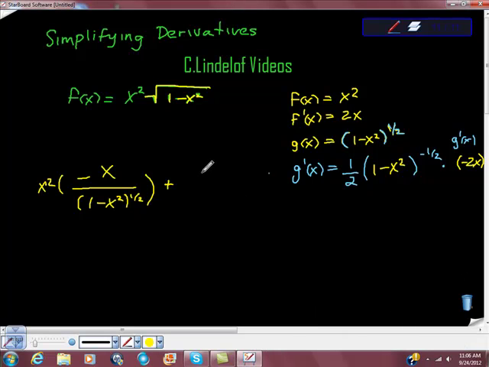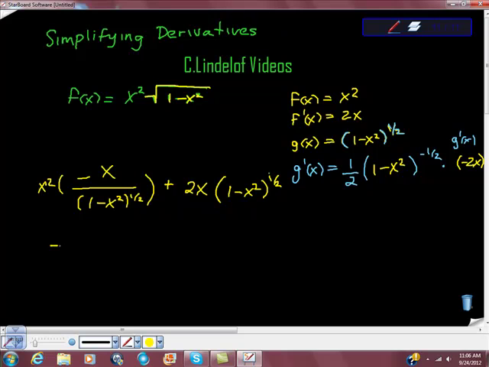Plus we have g of x, right? So we have g of x times f prime at x. And if you don't mind, I'm going to put the f prime at x in the front right there, and multiply it by g, which is 1 minus x squared to the 1/2 power. All right? And let's see where we go from there.